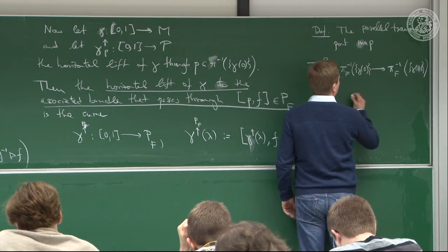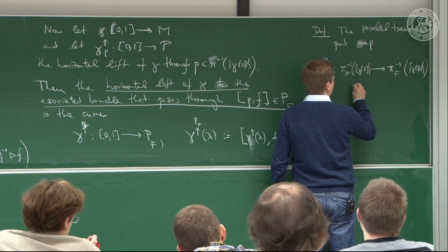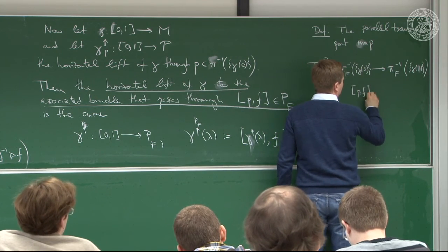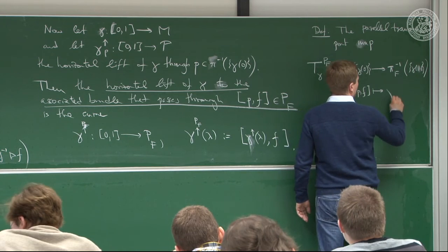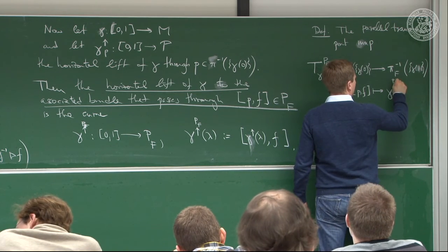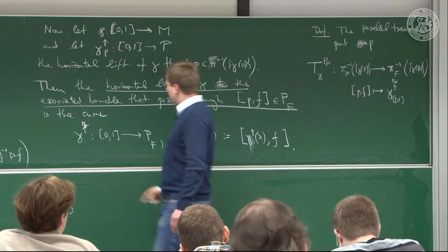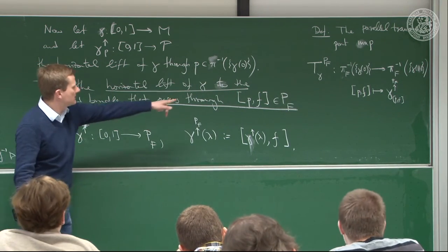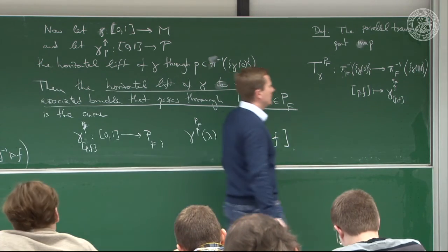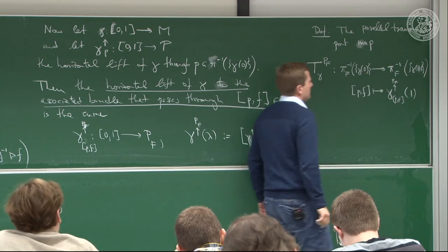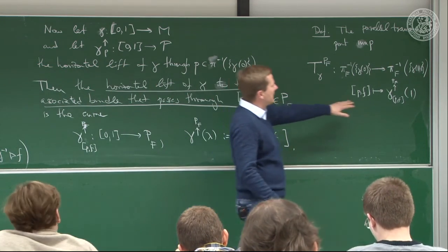Again, you take a point in there which needs to have this form [P, f], and it's being mapped to the corresponding horizontal lift of gamma through the point [P, f]. If we wanted to indicate the particular fact that this passes through this point, like we did before, we would indicate it here, and we take this and evaluate it at 1. This is, of course, again an element of the associated bundle, but now in the final fiber.